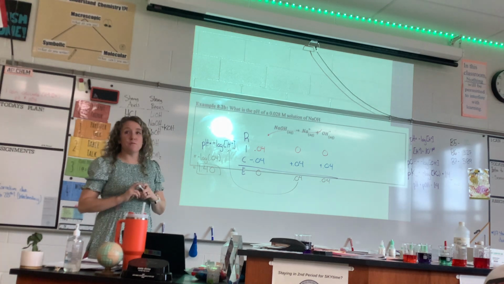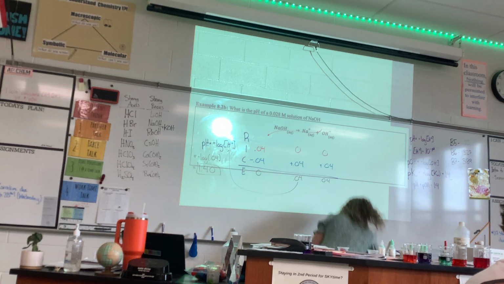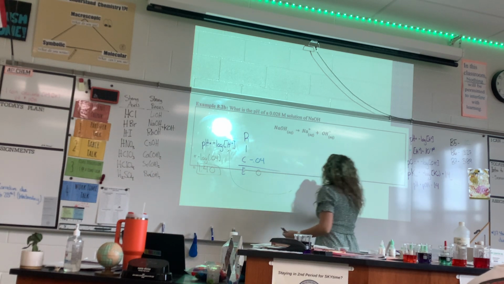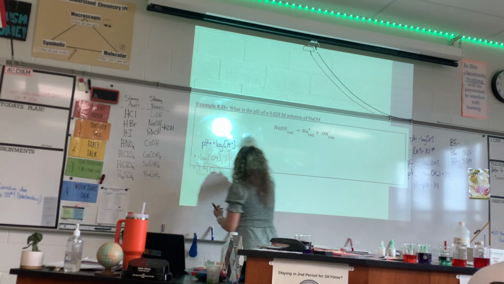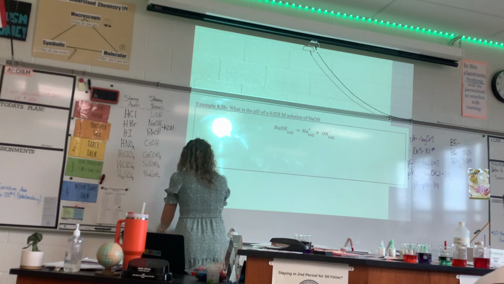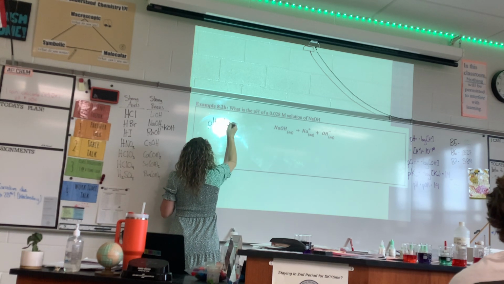Okay, let's take a look at one that's now a base. So in this case, sodium hydroxide is a base, not an acid. So we're still trying to find pH.